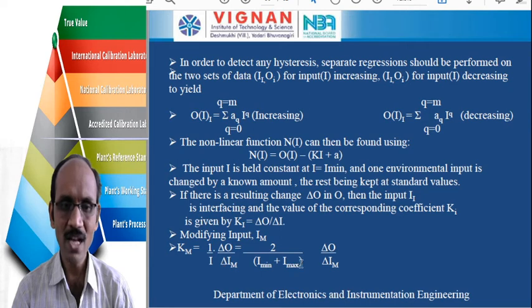That is, I is going to be kept at the average of the minimum value and the maximum value. That is, I is equal to I minimum plus I maximum by 2. Then it will become 2 by I minimum plus I maximum into delta O by delta Im. This is called as a modifying coefficient.